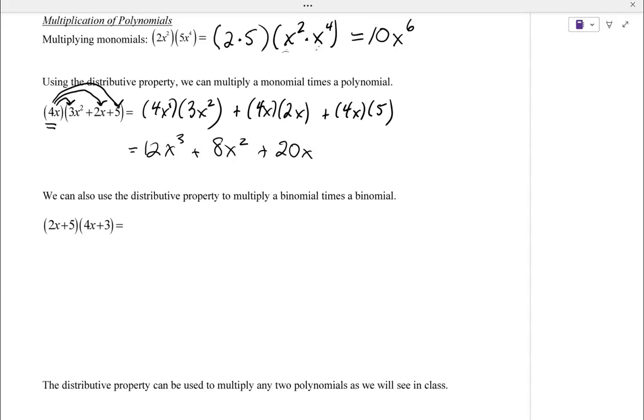Okay, so first, I'm going to treat this like it's one whole thing. I'm going to take this big chunk and distribute it to here and to here. When you distribute it, you'll have (2x plus 5) times the 4x, and (2x plus 5) times the 3.